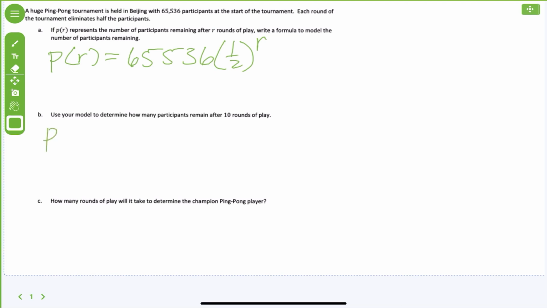Okay? So this says in B, use your model to determine how many participants remain after 10 rounds. Okay? So P of R is equal to 65,536 times 1/2 to the power of 10. So what is 2 to the 10th power?